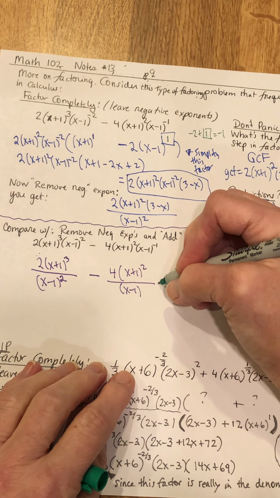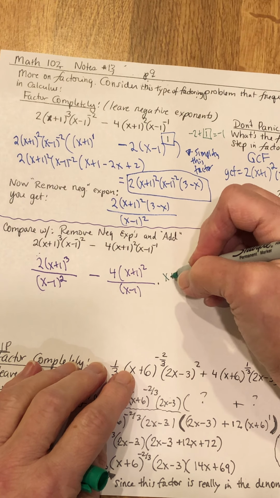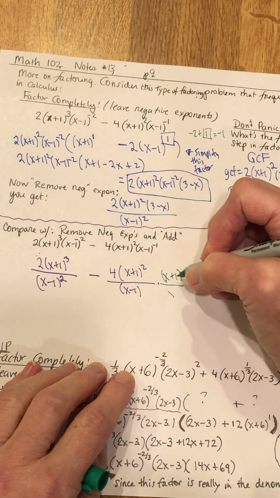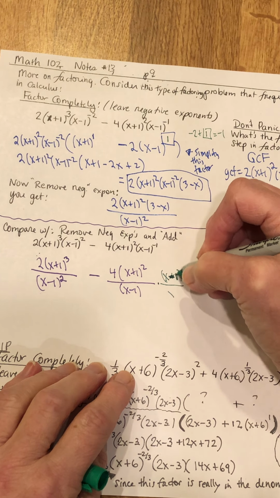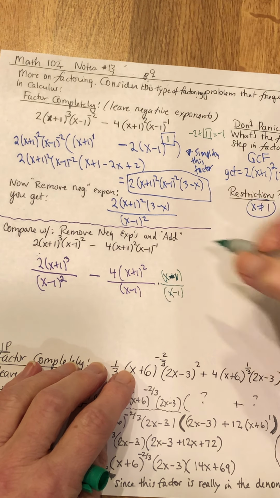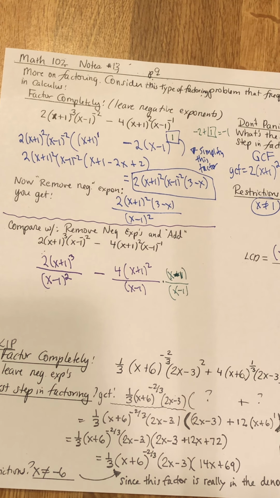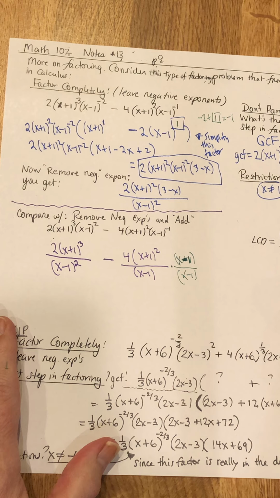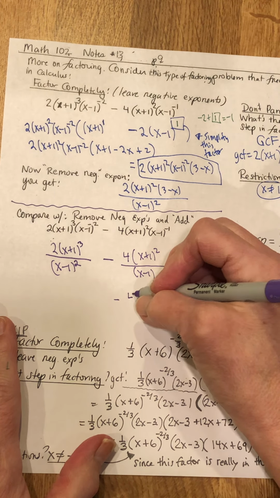And so I would multiply this times x minus 1 over x minus 1. And then this would be minus 4.